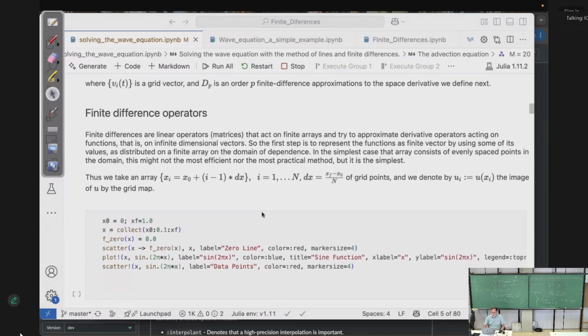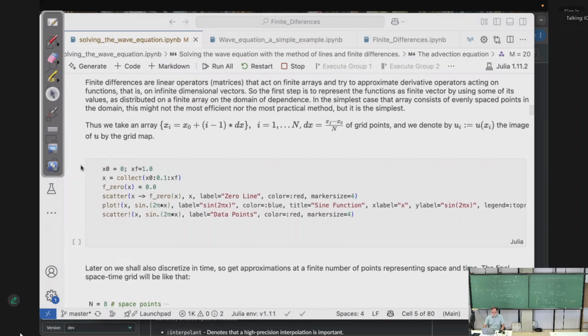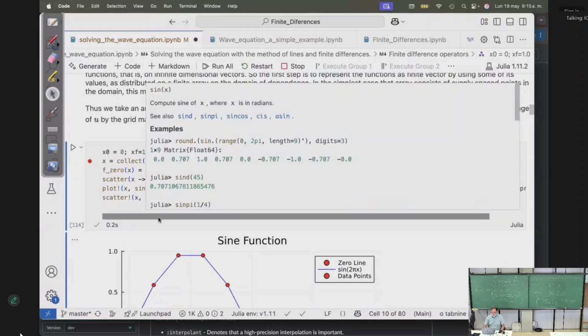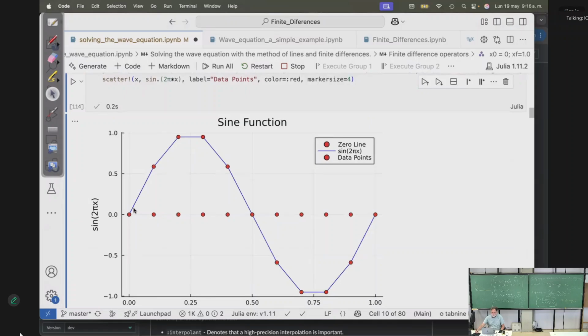So now we introduce again the finite difference operators. So we have this grid. I just say the same as above. We have some smooth function here, and we discretize it, so we have the points.